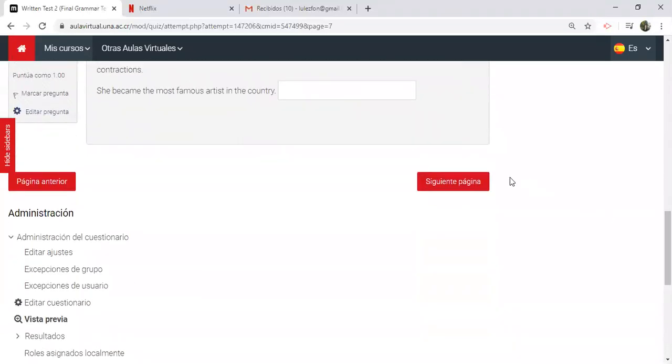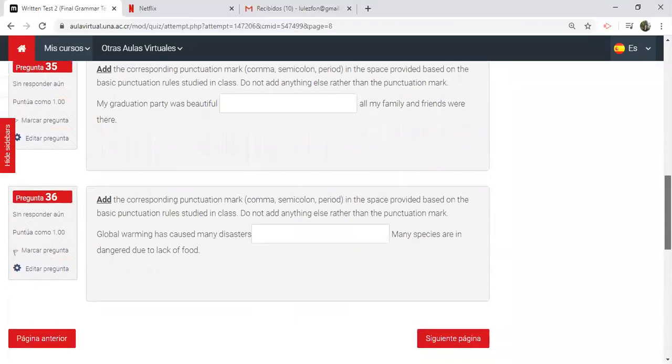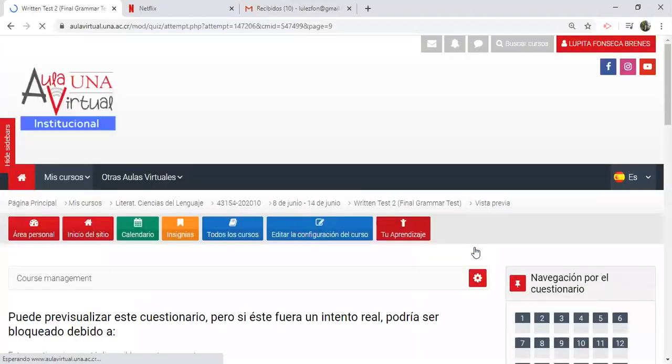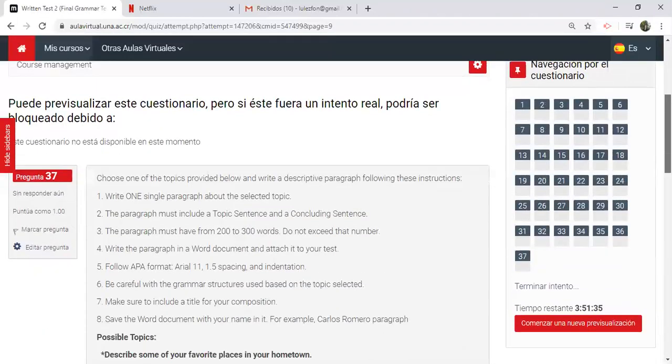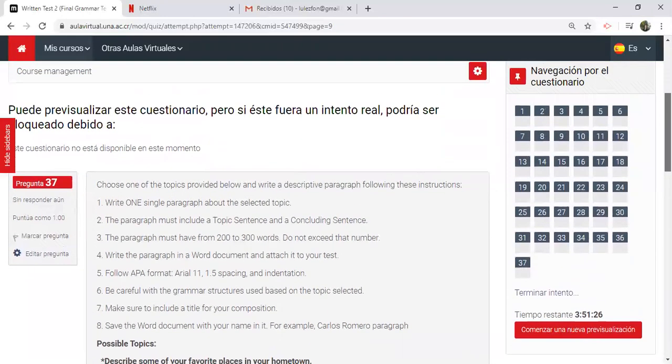So remember, read the instructions before completing each question. And finally, at the end of the test, we have a composition or a writing task. In this case, you have to choose one of the topics and write a descriptive paragraph following all these instructions.